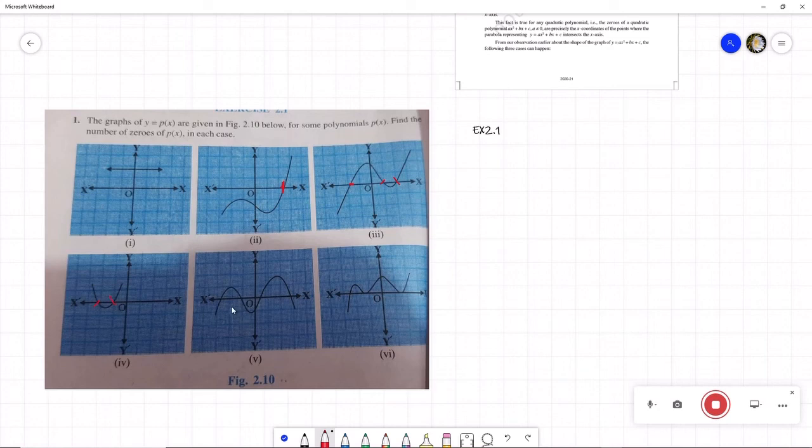For the fifth graph, the line intersects the x-axis at 4 points, so we say that the equation has 4 zeros. At the sixth graph, the line intersects the x-axis at 3 points, so the equation has 3 zeros.